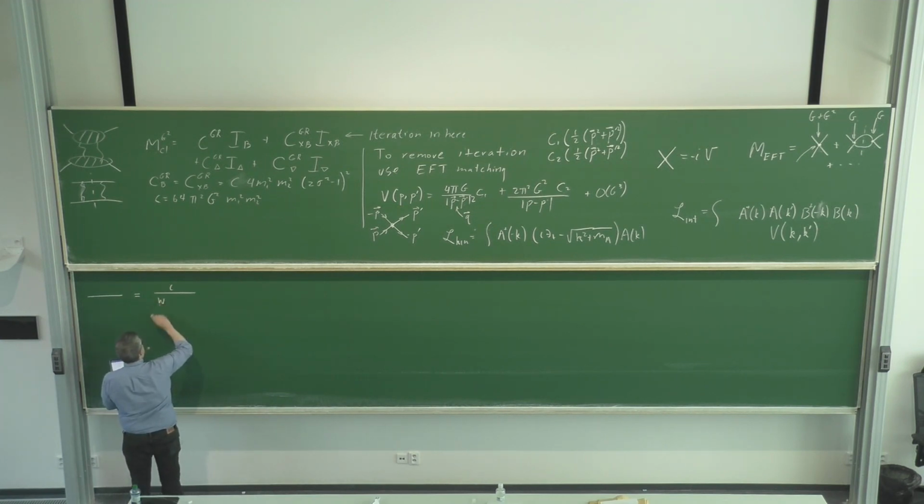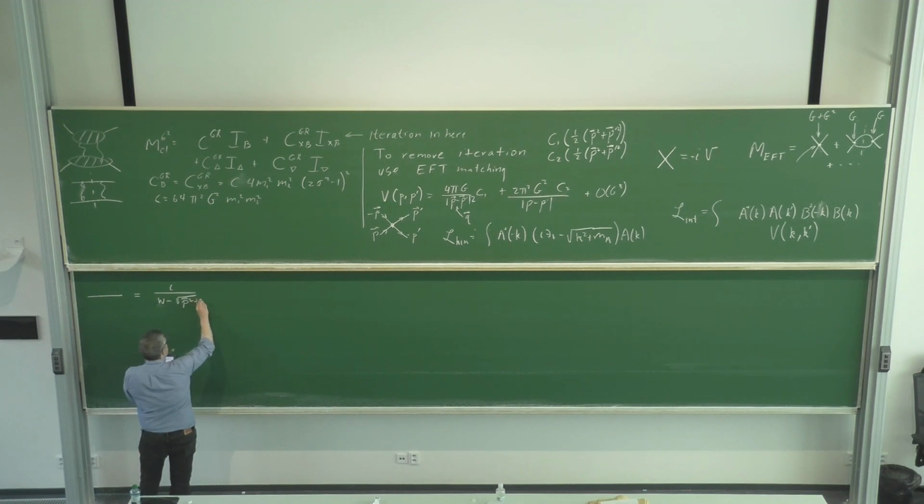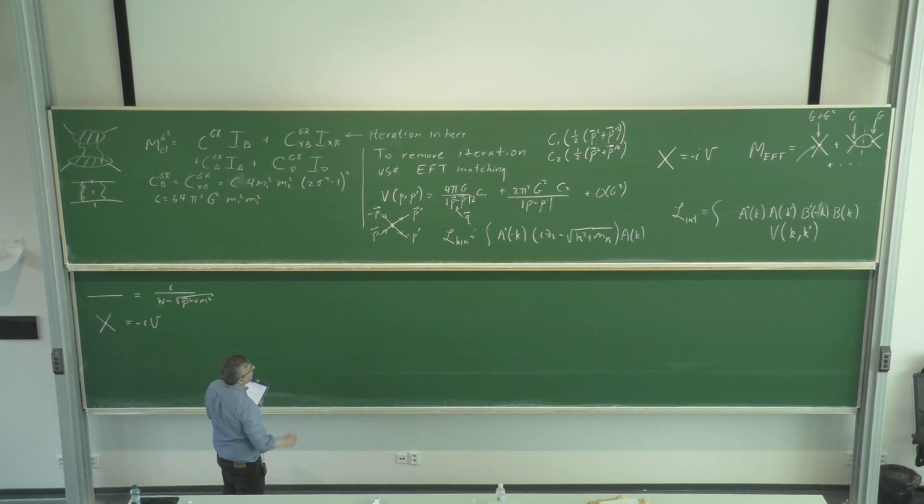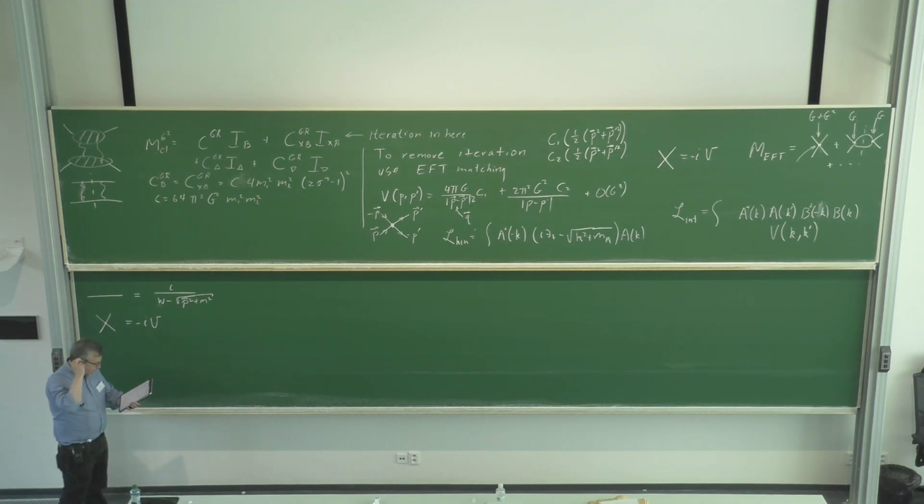So the line is omega minus the square root of p squared plus m squared. Okay. Then we have this little dot there, and that thing is minus i times the potential. And that potential we give over there. C1 is already known. C2 is what we're trying to determine. Okay.